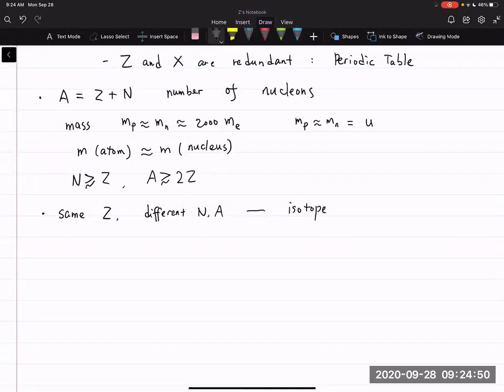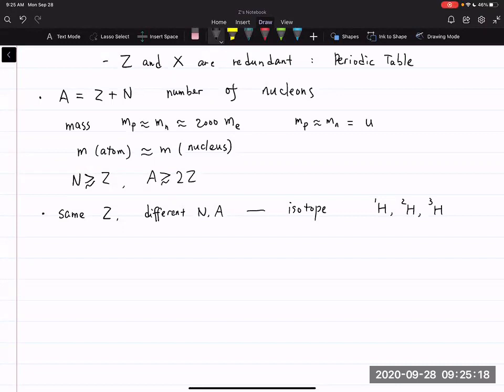So for example, we have hydrogen 1, hydrogen 2, which is deuterium, and hydrogen 3, which is tritium. When we see this symbol, of course, this 1, 2, 3 indicates the mass number. When I add the number of neutrons and protons together, how many nucleons do we have?